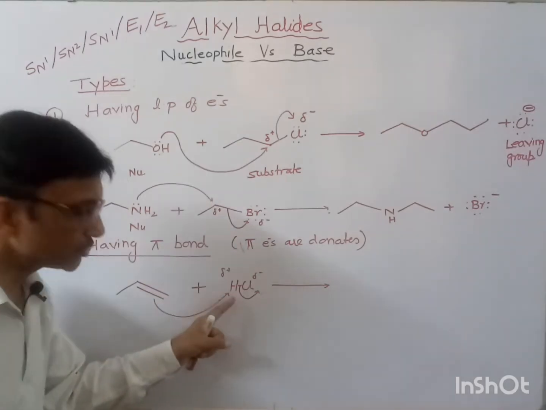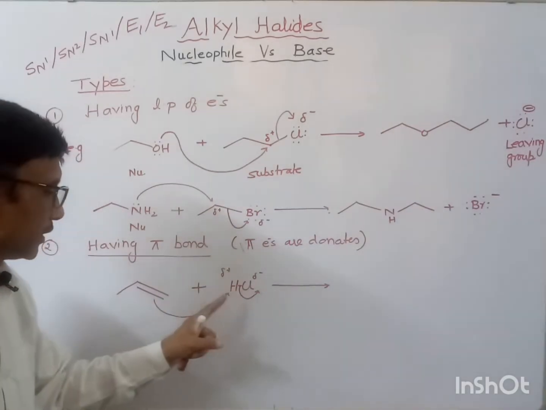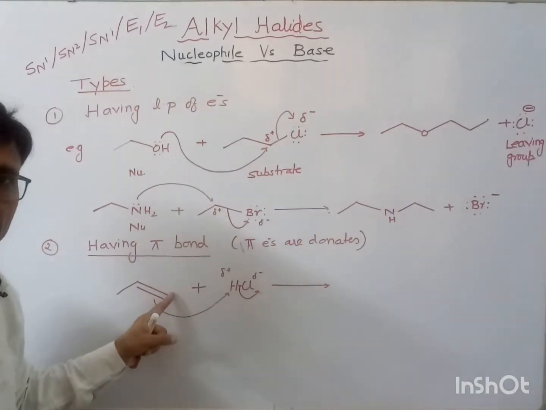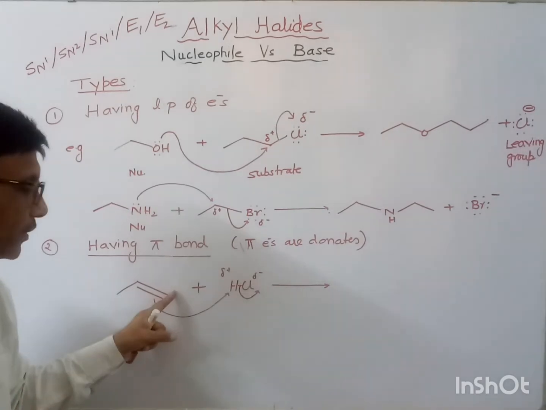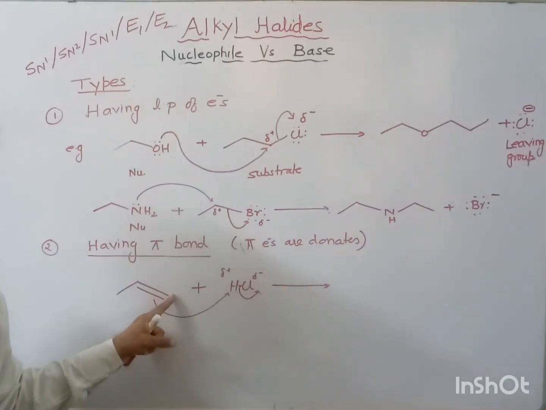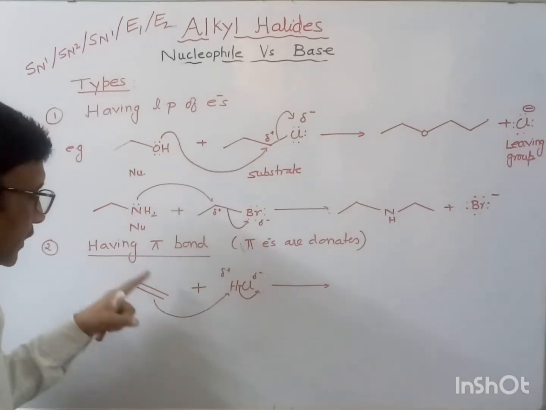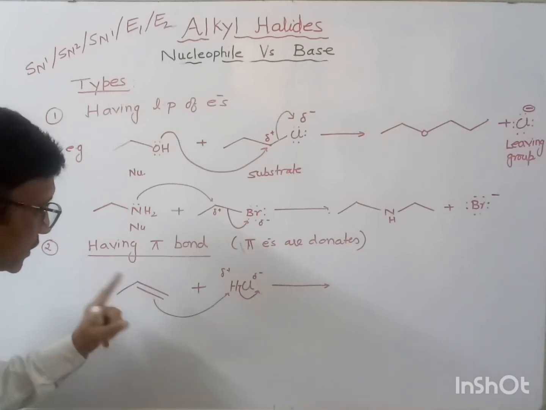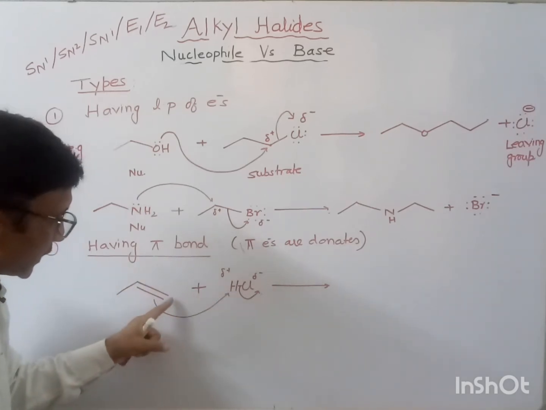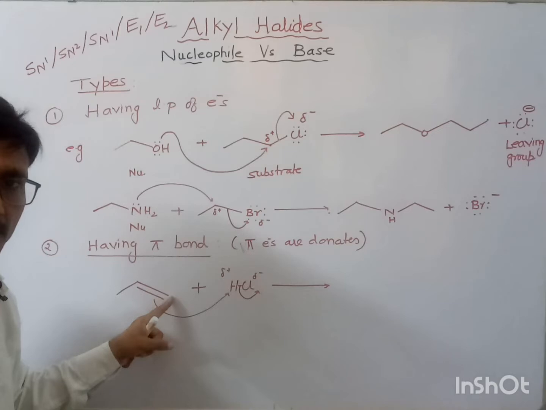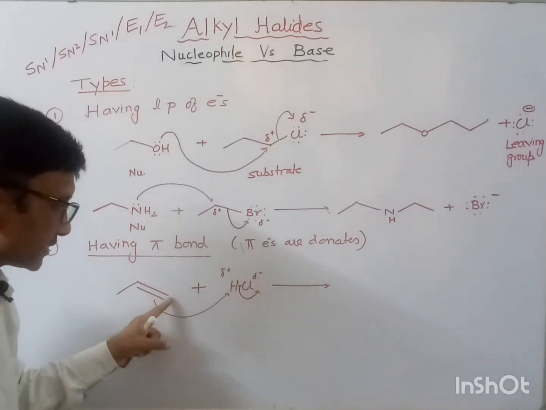So the hydrogen, according to Markovnikov's rule, will add at that carbon where the number of hydrogens is less. So here the number of hydrogens is more, and here it is less. The hydrogen will attack this carbon where the number of hydrogens is less.